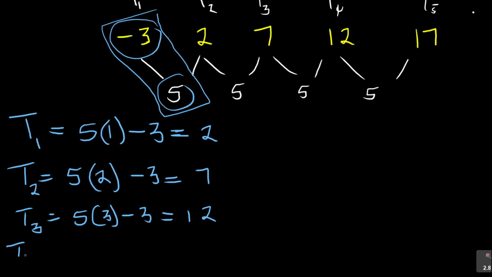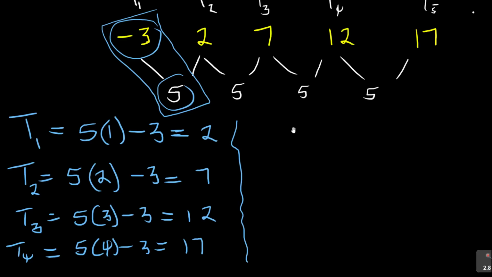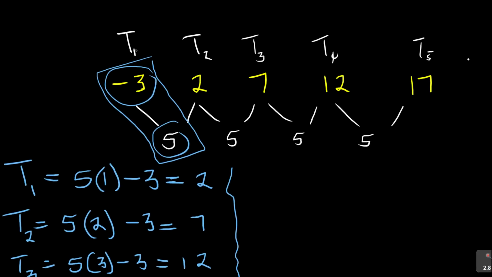And then T4 is equal to 5, 4 minus 3. Now what is 20 minus 3? It's 17. Now pay attention. These numbers are there, but something is wrong. Because my T1 is supposed to be minus 3, but my T1 here is a 2.